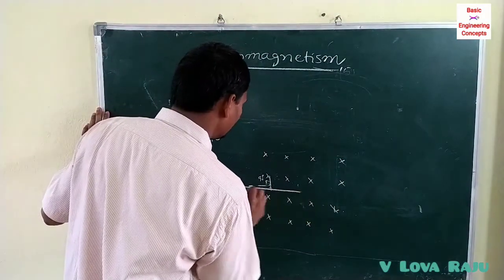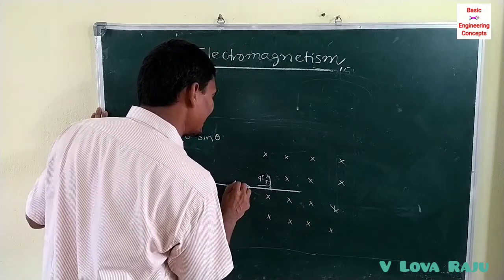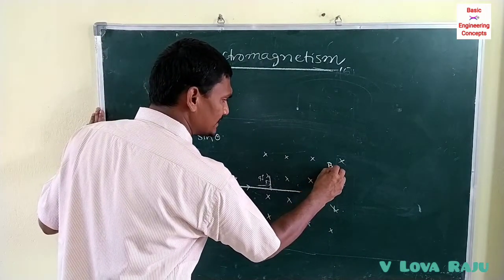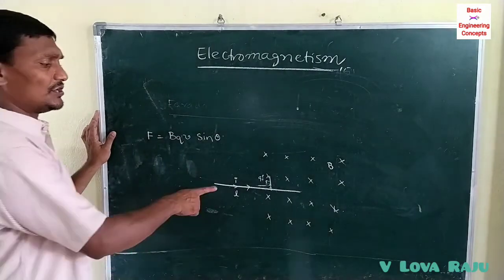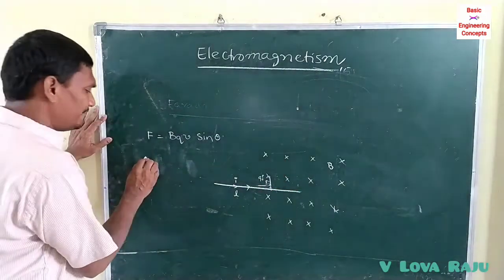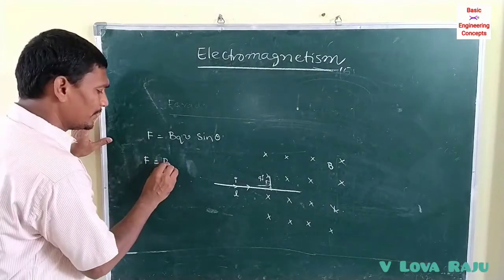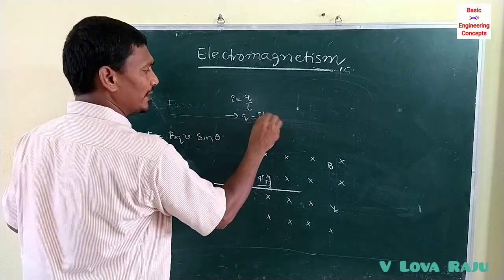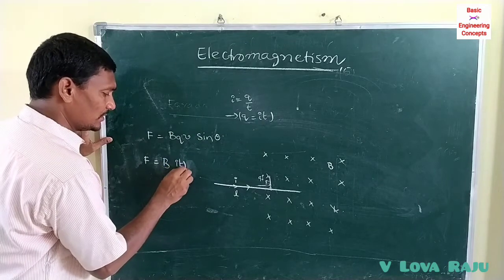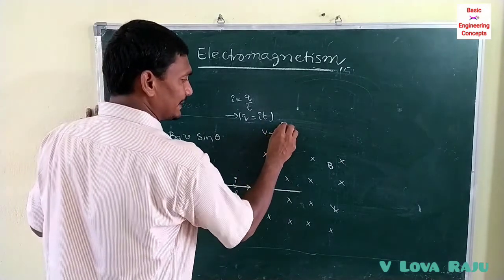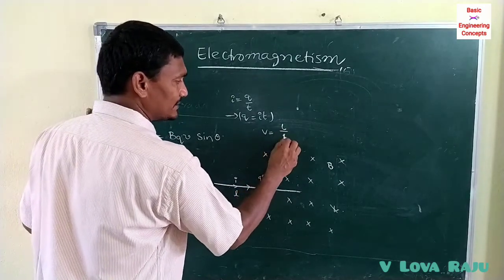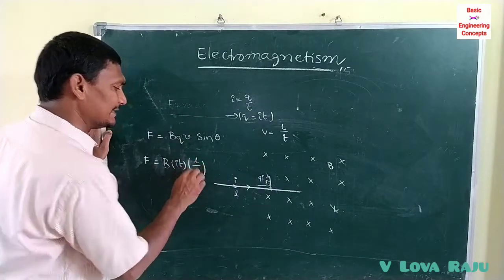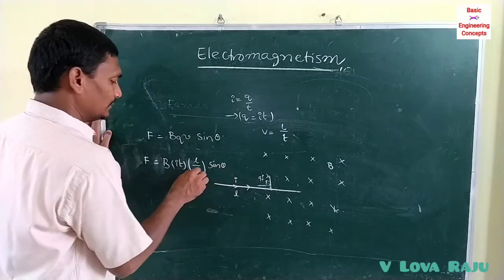Here, a long straight conductor of length L carries a current I. It is subjected to a uniform magnetic field of flux density B. We know that current I equals Q by T, so Q equals I into T. Velocity is displacement by time, where displacement is the length L of the conductor and time is T. Replacing these, the T's cancel.